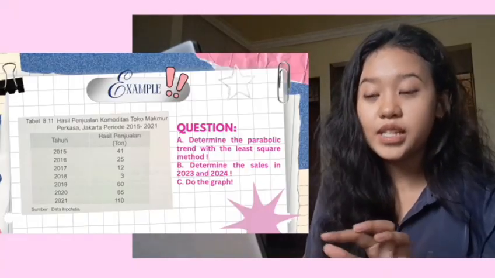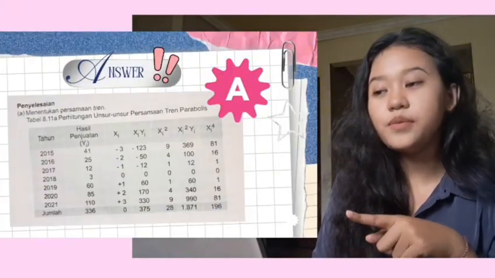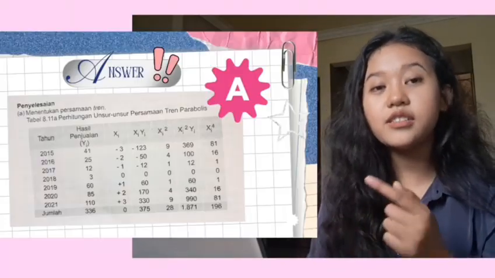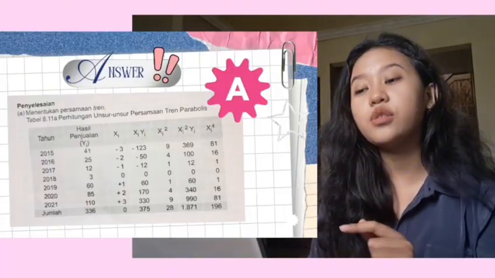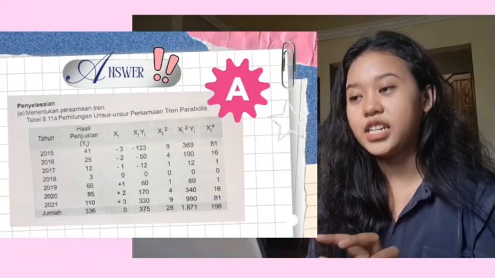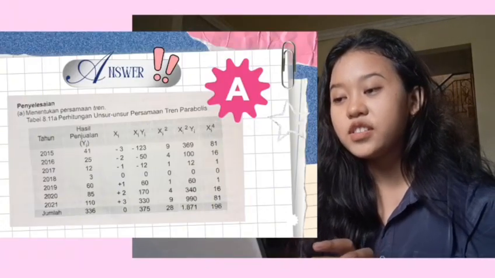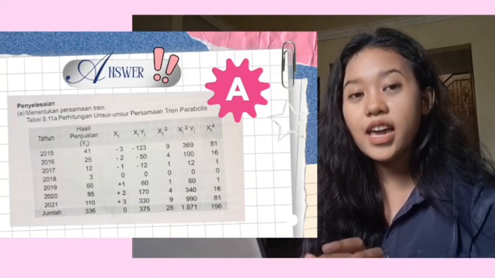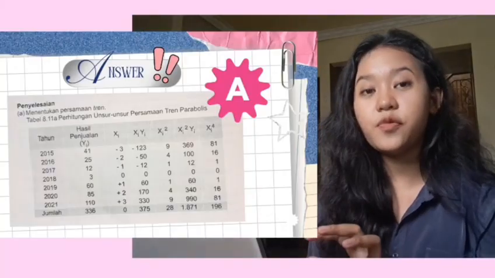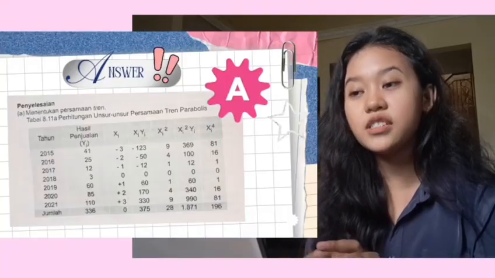And here is our complete table, with xi, xiyi, xi squared times yi, and also the sigma, the amount of those calculations. Here we can see the numbers, the years, the xi and xiyi and so on. When we already have this table, it will be easier for us to answer the questions. So this is to answer question A.